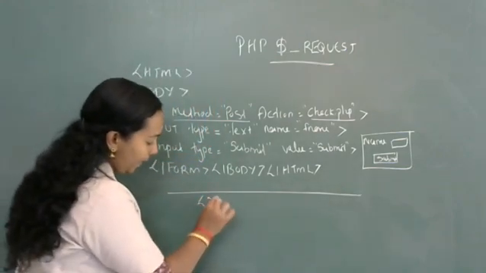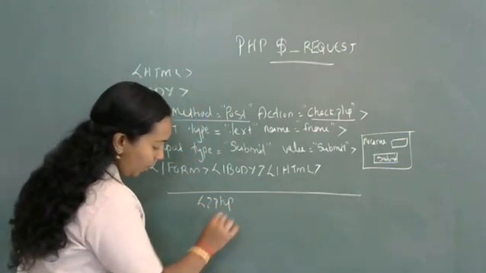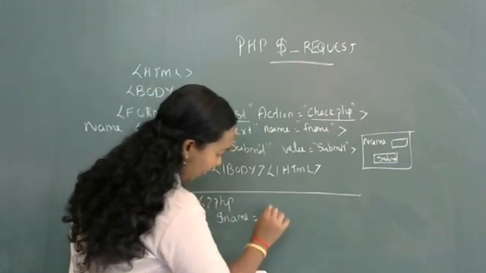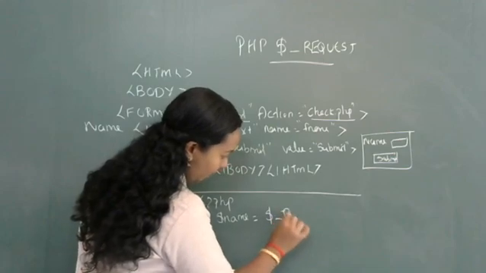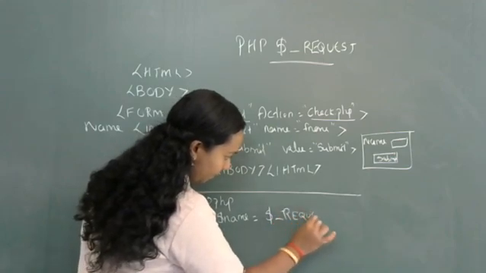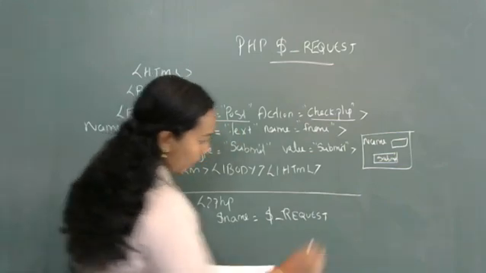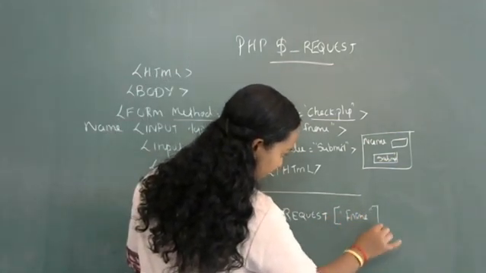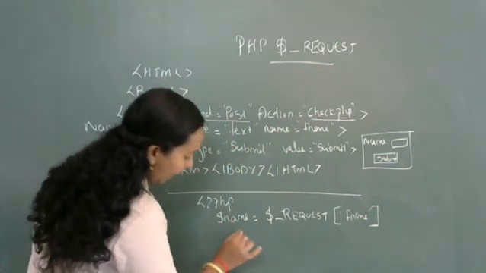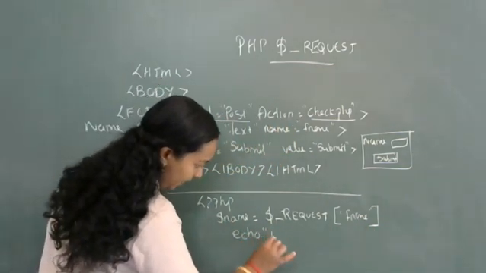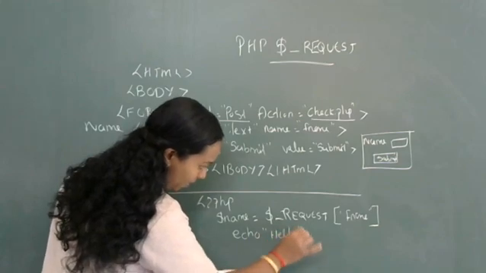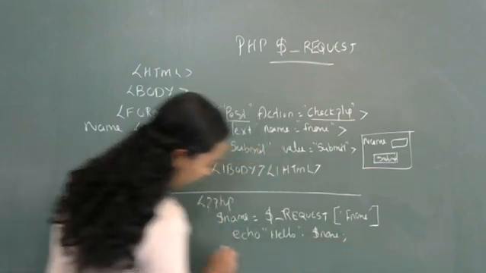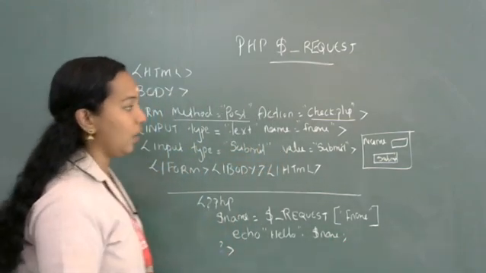Open PHP. $name is equal to $_REQUEST of fname. Then echo hello dot $name, semicolon, question mark and greater than.